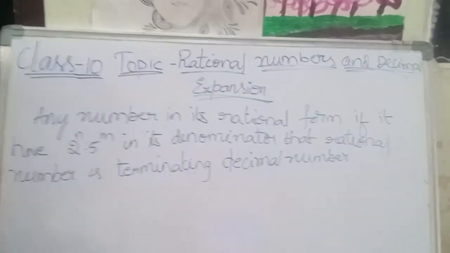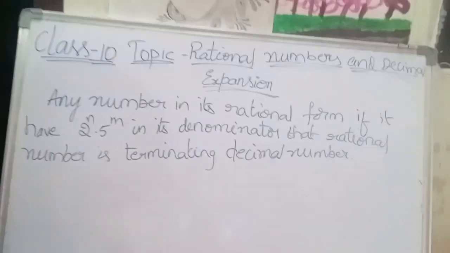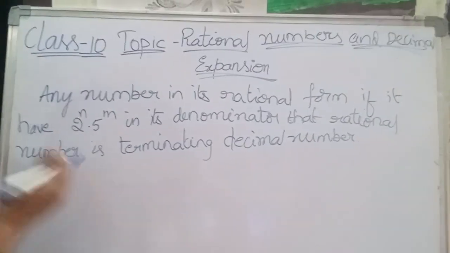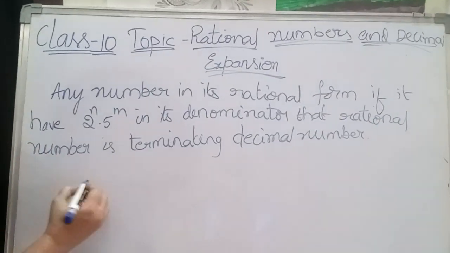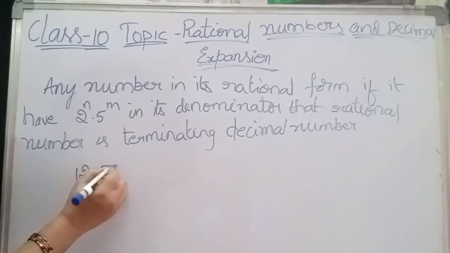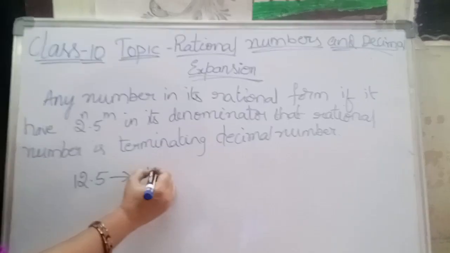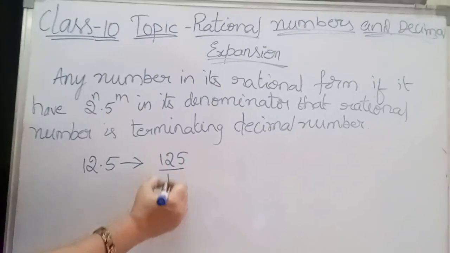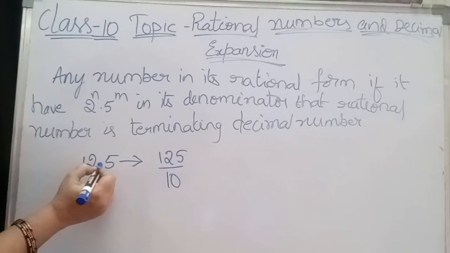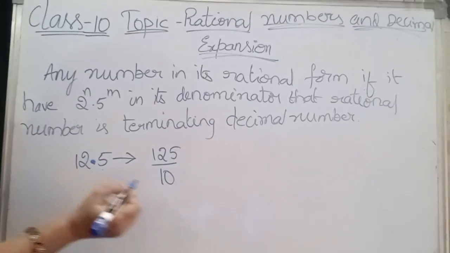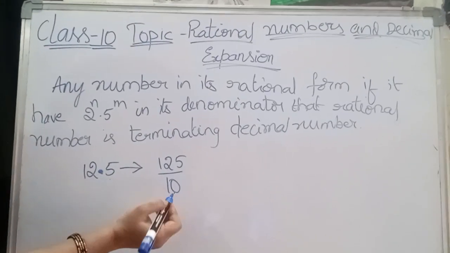Let us see one problem. Before only we have seen 12.5. Let us write it as 125 by 10, because after the decimal point you have only one digit, so you write 10.